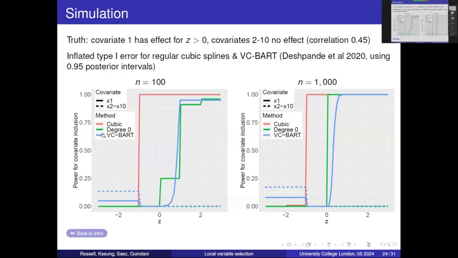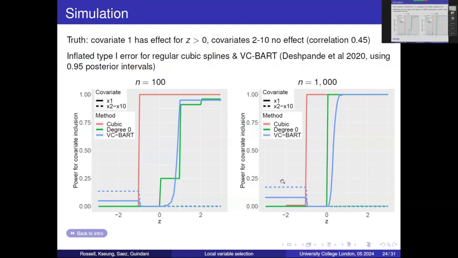And in blue is the VC-BART, a random tree, basically Bayesian alternative. You can see how it's rejecting the null about 15% of the time when it really shouldn't. And even as the sample size is large, at n equals 1000, it gets even worse.